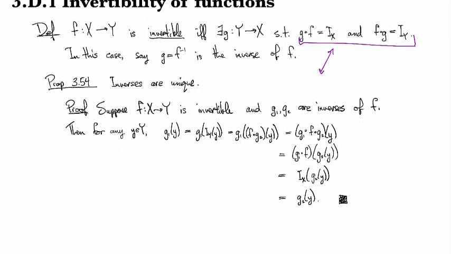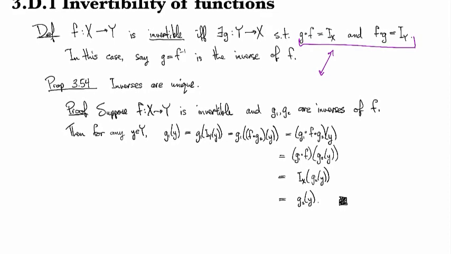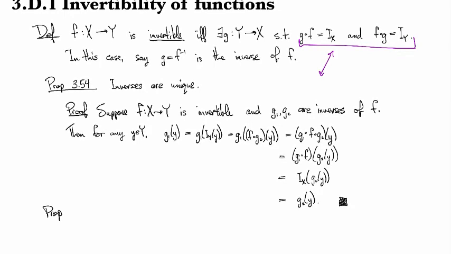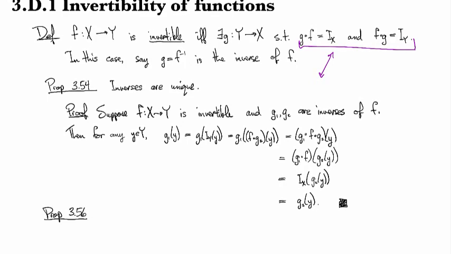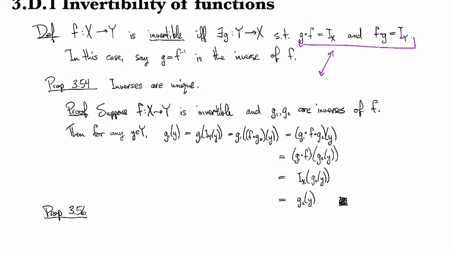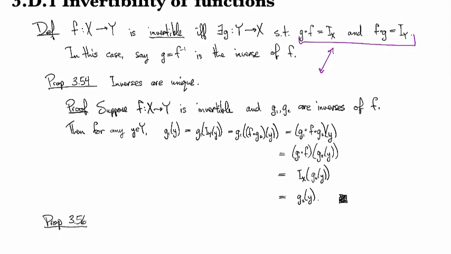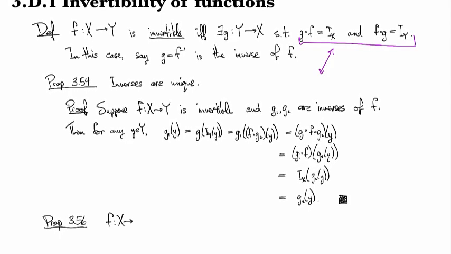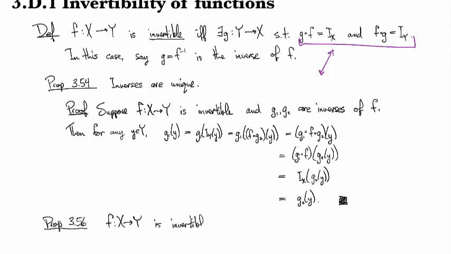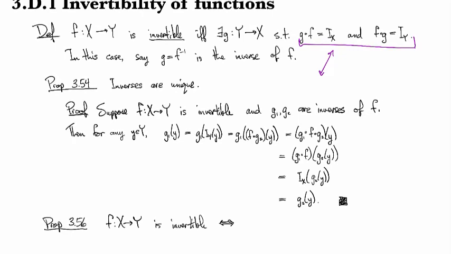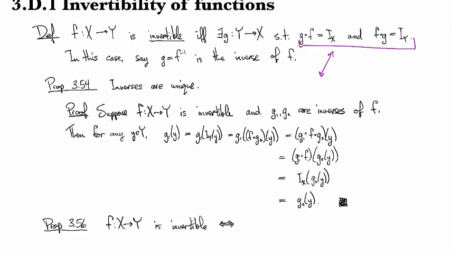There's one other general result that's true for any kind of function, not necessarily linear. This is called Prop 356 in the book. It is that f is invertible if and only if f is both injective and surjective.